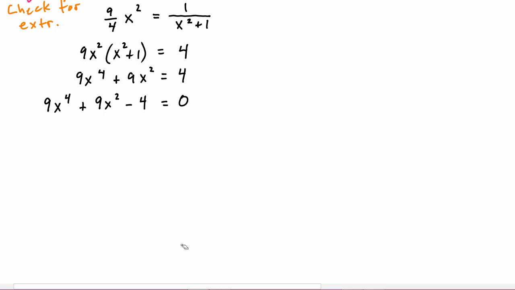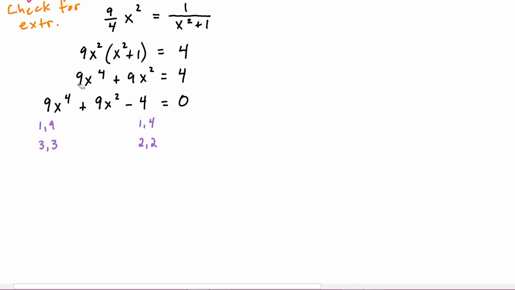To factor this, we need to think of the factors of 9, which would be 1 and 9, or 3 and 3. And we need the factors of 4, which would be 1 and 4, or 2 and 2. And we are searching for the product pairs that will give us a positive 9.